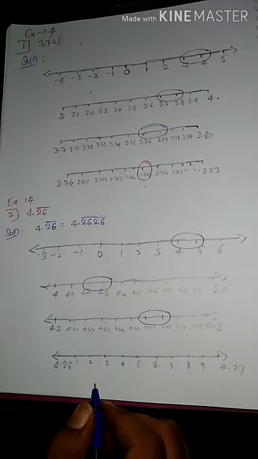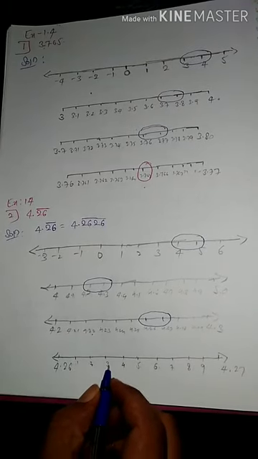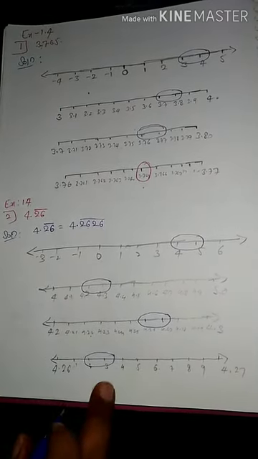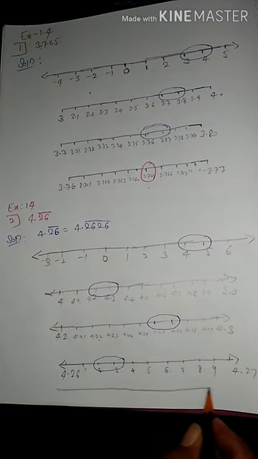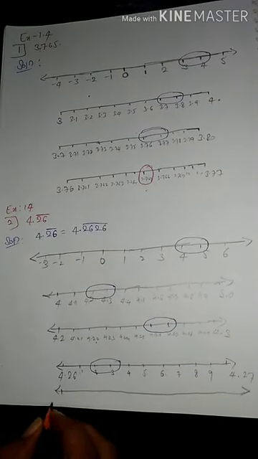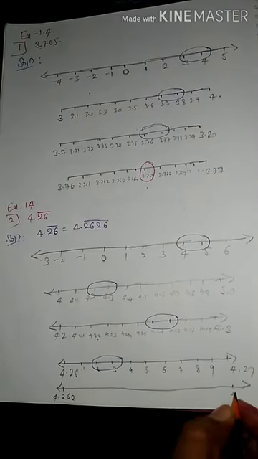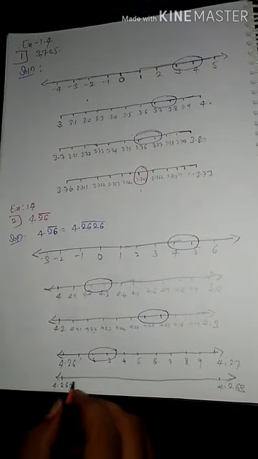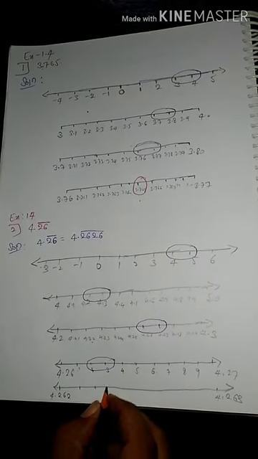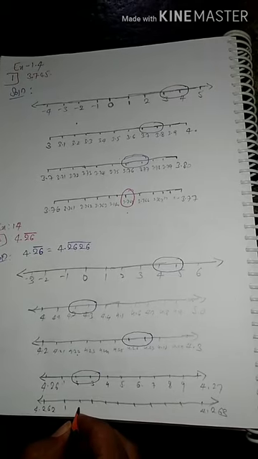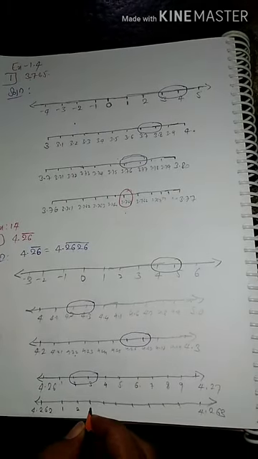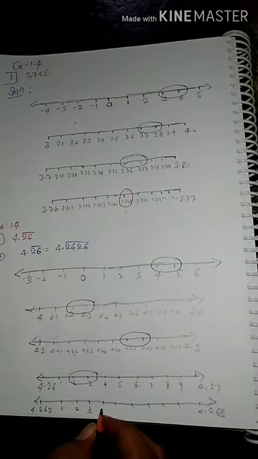4.262 and 4.263. Again 4.262 and 4.263 divide into 10 equal parts: 4.2621, 4.2622, 4.2623, 4.2624, 4.2625, 4.2626, 4.2627, 4.2628, 4.2629.